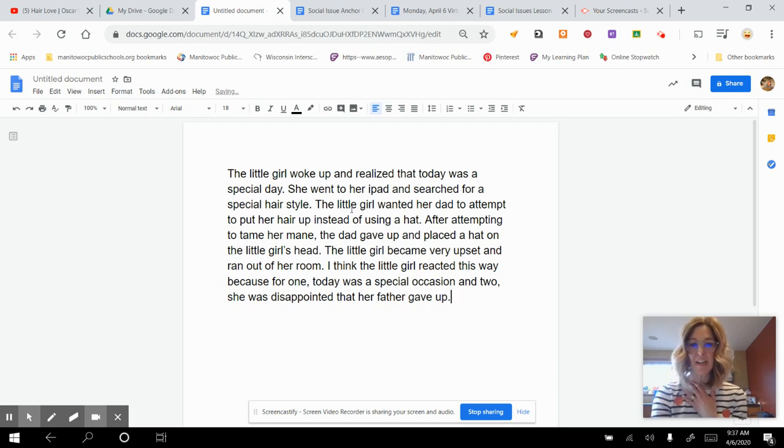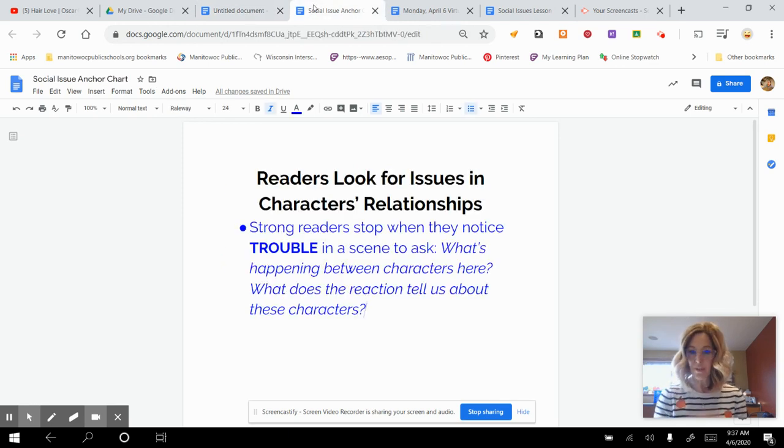Yeah, I mean, I could be done with that. I could also add a piece of evidence. But as you go into your work today, keep in mind that you're looking for stopping when you notice trouble between characters, and you ask yourself, what's happening between the characters here?